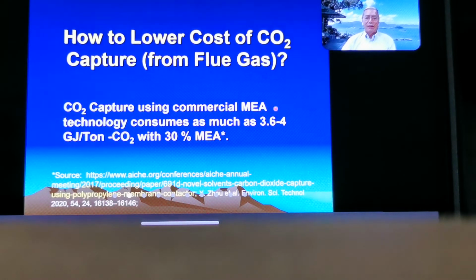The US government published a report from the Department of Energy saying that CO2 capture takes 2/3 or 3/4 of the cost of CO2 sequestration, because it consumes so much energy, about 4 gigajoules of energy per ton of CO2 captured. So we face the first major problem. How can we lower the cost of CO2 capture dramatically?